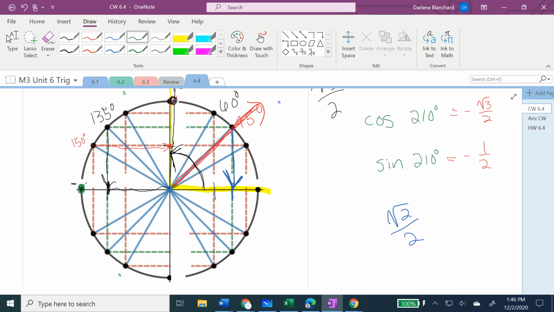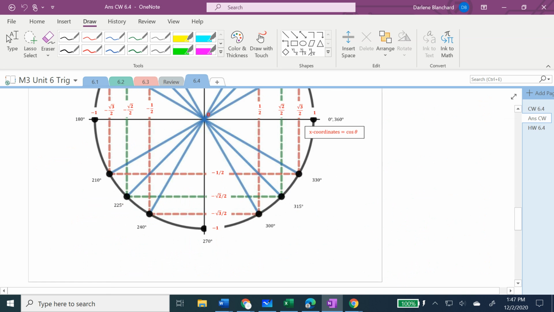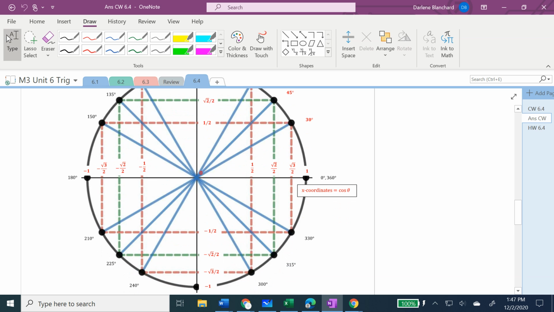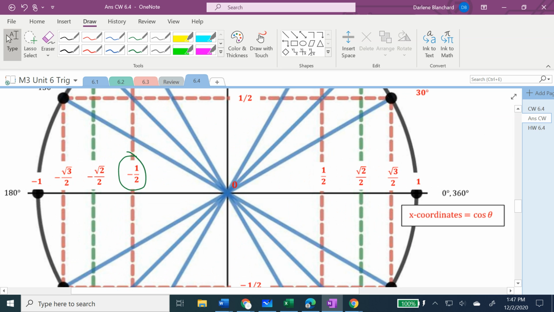Okay. So let me remind you that this is a unit circle. Let me just come over here to this. You have these special numbers of 1/2, negative 1/2 for the x-coordinate, negative root 2 over 2 for the next x-coordinate, negative root 3 over 2 for the next x-coordinate.